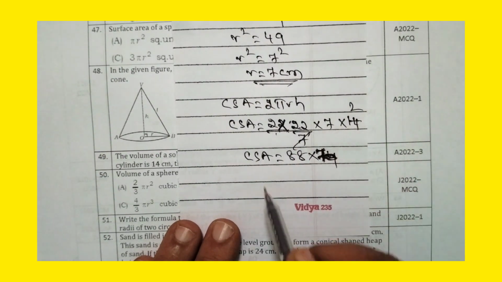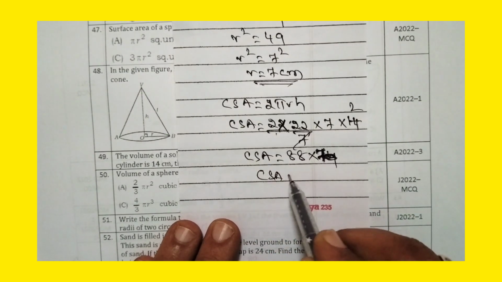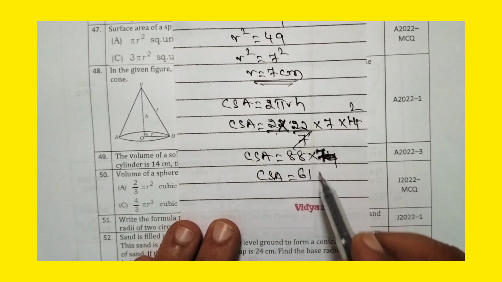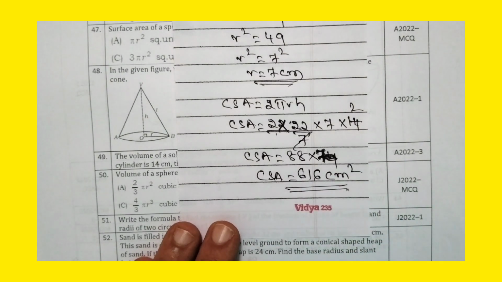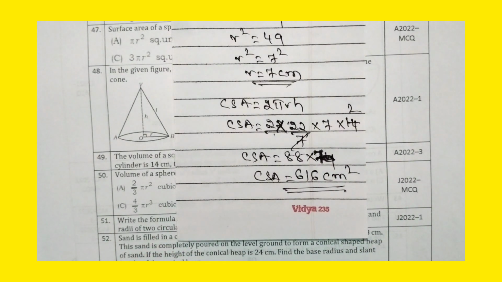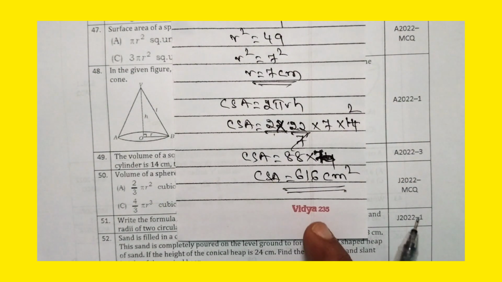Multiplying these, we get 616 centimeter square. So 616 centimeter square is the curved surface area of the cylinder.